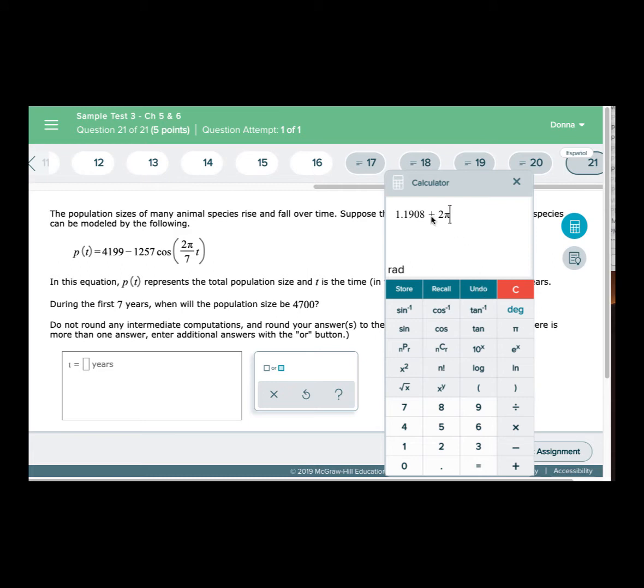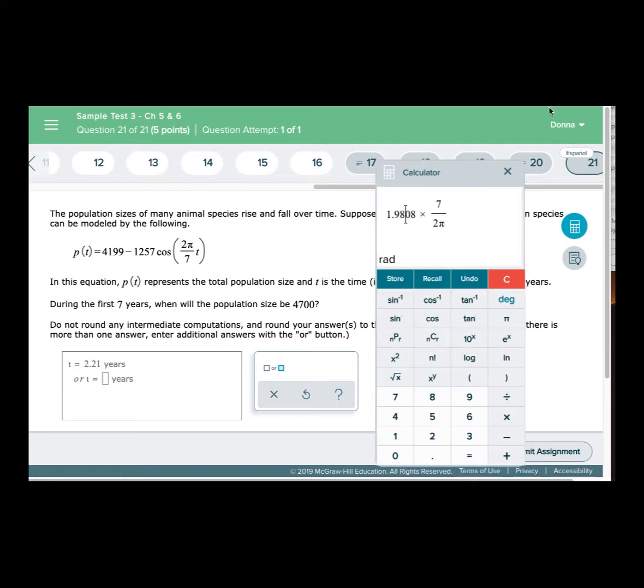All right, we'll take that first value and multiply it by 7 over 2 pi. When I went back to check, I recognized that I had typed in the wrong value. So it's 1.9808 times 7 over 2 pi, and that gives us 2.206, which rounds to 2.21.